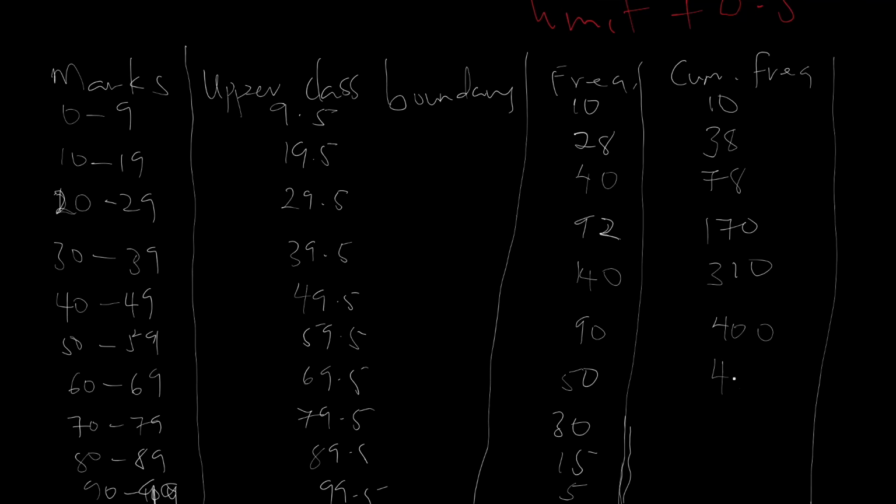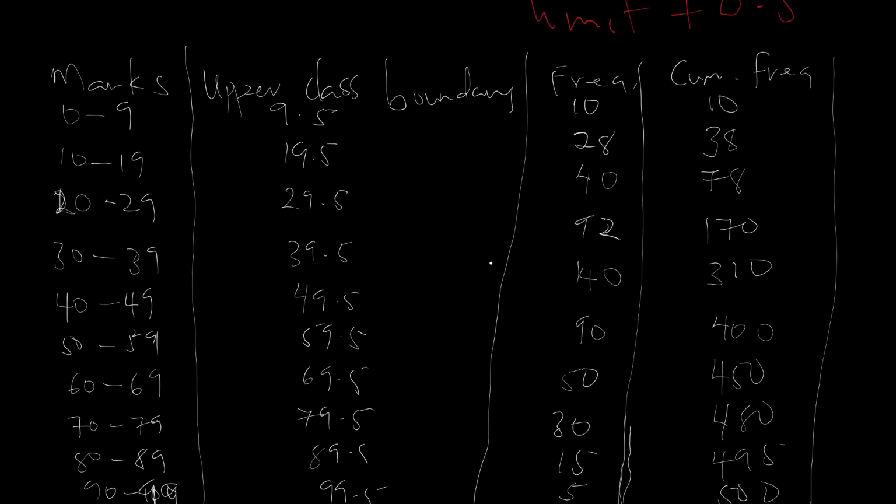Then we have 450. Then we have 480. Then we have 495. Then we have 500. At the end, we should have the total number of candidates who sat for the examination. If the last number does not correspond with the total number of candidates, then you know that there's something wrong with your addition. So you have to check that.